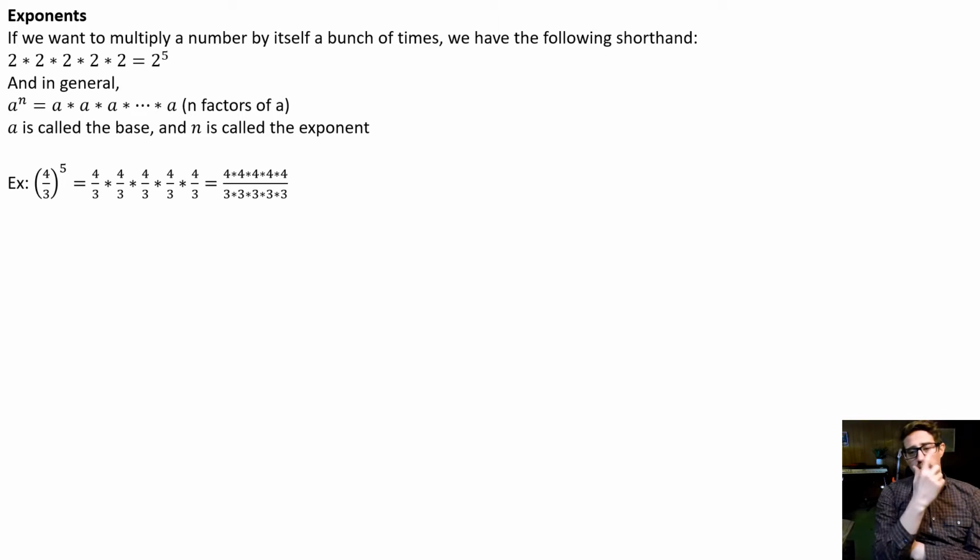So with fractions, you'll notice this does just turn into 4 to the 5th over 3 to the 5th. But then, like I said, your calculator can tell you what 4 times 4 times 4 times 4 times 4 is. It's 1024. And then 3 times itself 5 times is 243. And then you know that you can't actually simplify that anymore because you don't see any common factors in the factorization up here and the factorization down here. So that's it. You're done.